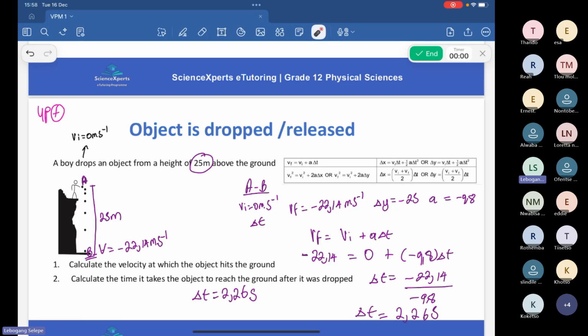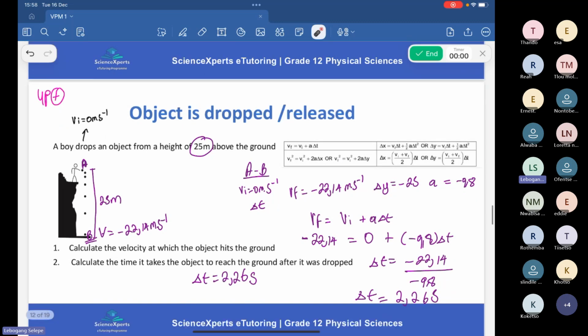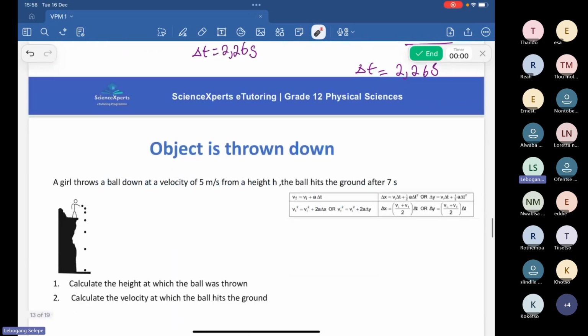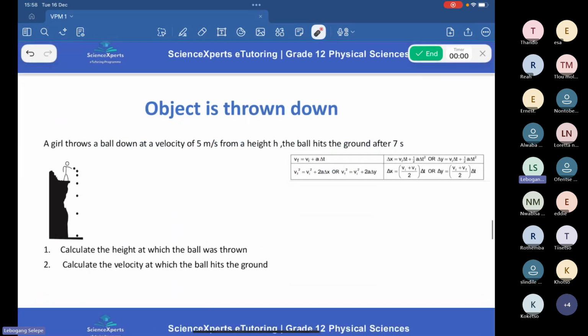If you take the memo for vertical projectile motion on the past papers, the markers work a lot there because different formulas always give different answers, and it's just a lot of work, right? So, but then let's move on. You guys can do this one now. Instead of me doing it for you, let me just give you 5 minutes to do it.